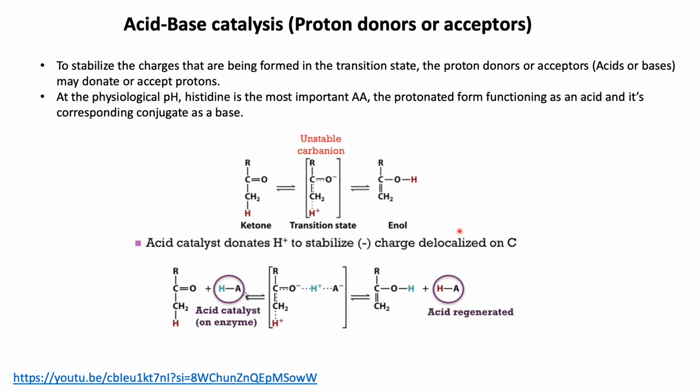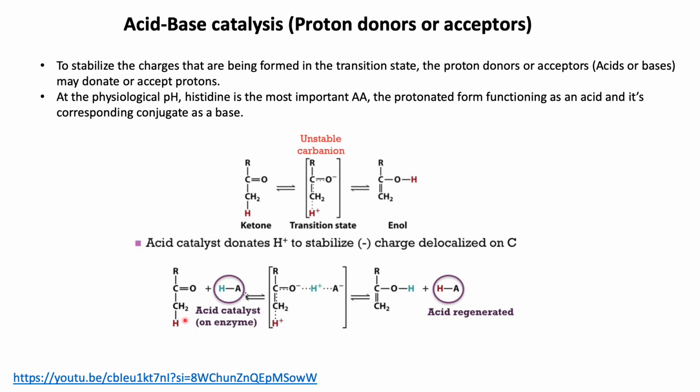Ketone is converted to enol, and the acid catalyst here acts as an enzyme. It donates a hydrogen ion to stabilize the negative charge delocalized on the carbon atom of the unstable carbanion formed during the transition state. In simple terms, this catalyst donates the hydrogen ion to this O group to neutralize its negative charge. So it forms COH here.